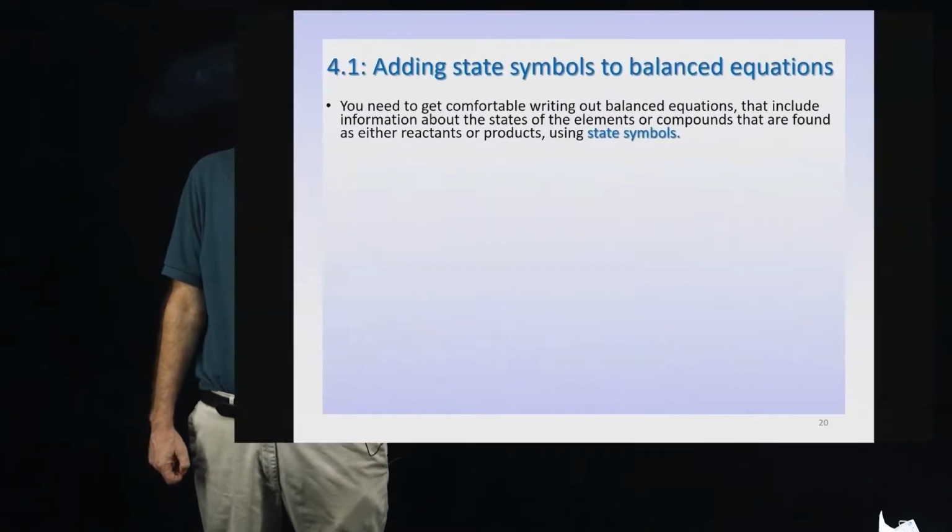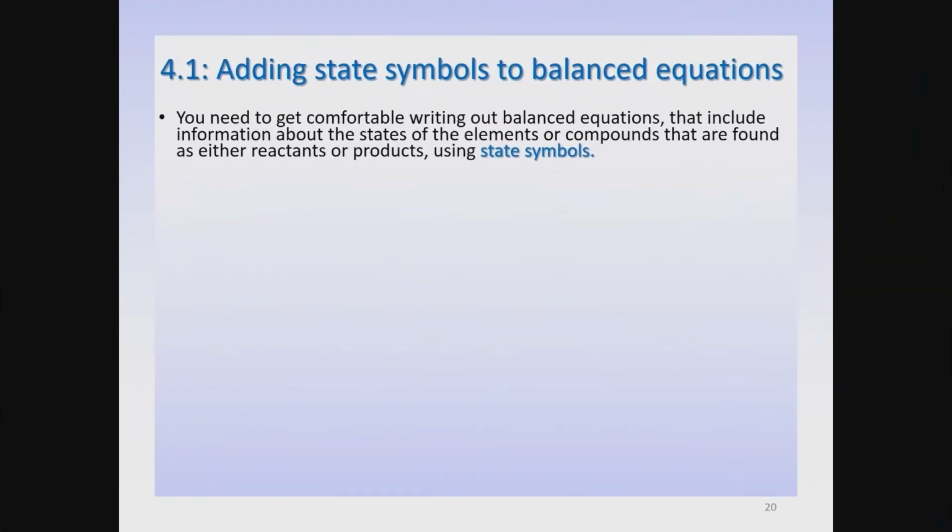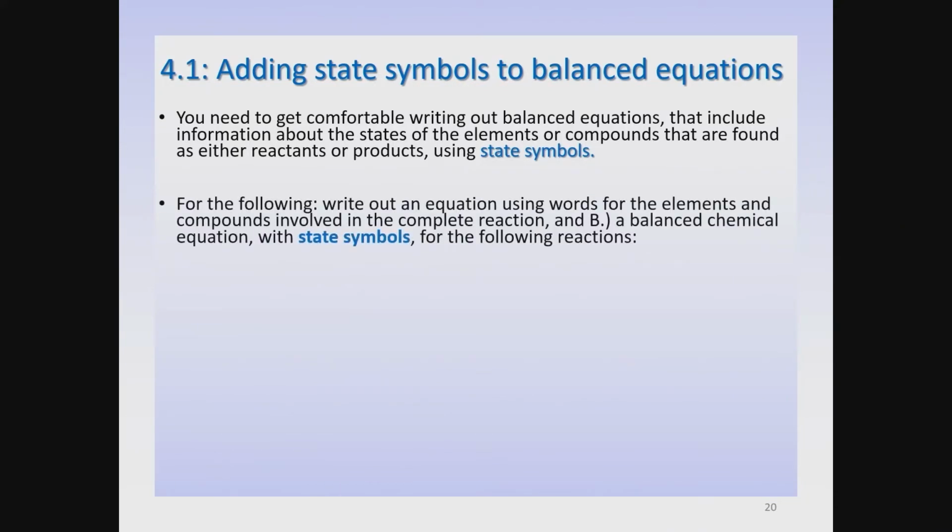Okay, so a lot of times you will have chemical equations, and then you'll have to include something called state symbols. So what I'm going to do is try to explain this to you in the context of actual chemical equations.